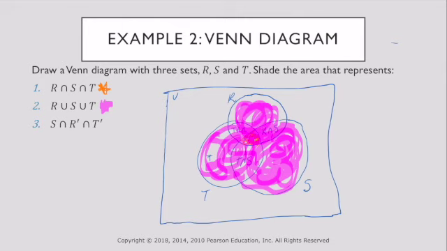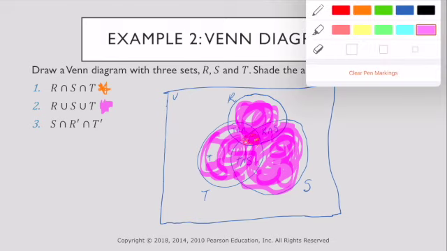Okay, next I want S intersect R complement intersect T complement. So this is everything that's in S, R complement, and T complement. Let's take a look at what this looks like.